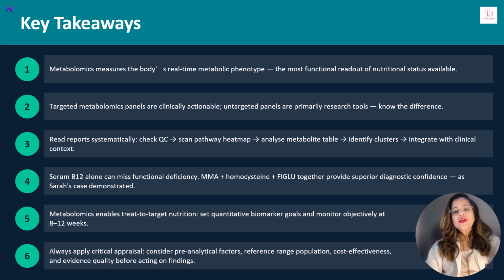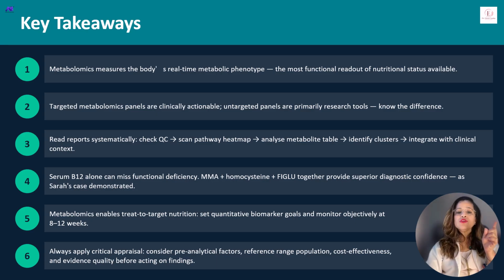Like we saw in Sarah's case, metabolomics changed the management from borderline B12, watch and wait, to a definite functional deficiency intervention now. Treat to target is a concept from pharmacy and cardiology, and metabolomics brings it to nutrition.